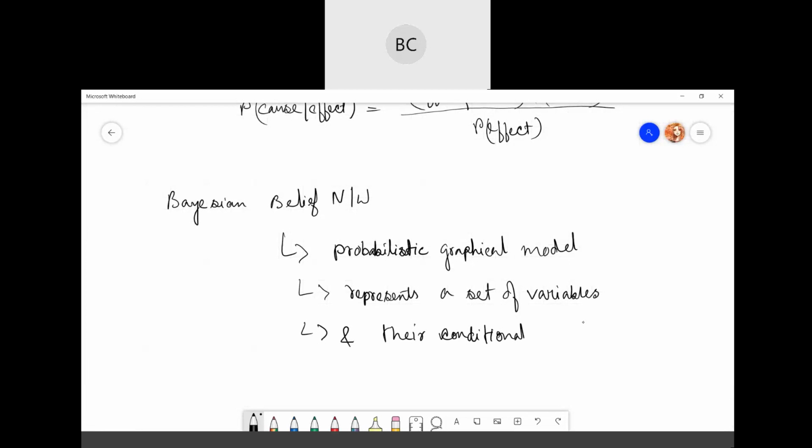Remember, Bayes theorem is mainly based on conditional probability. If some event is there, like I can say, I am happy when it is sunny, my mood is basically dependent on the weather. So these are conditional events or probabilities, conditional dependencies.